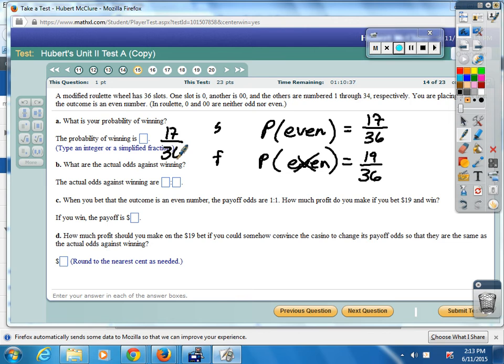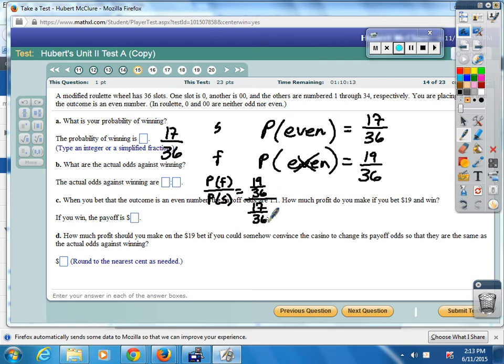So what's the probability of winning? 17 over 36. All right, the odds against. Odds against is the probability of failure over the probability of what? Success, Hubert. That's right, class. So the probability of failure over the probability of success is equal to 19 over 36 divided by what? 17 over 36.